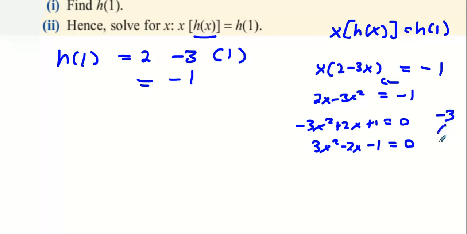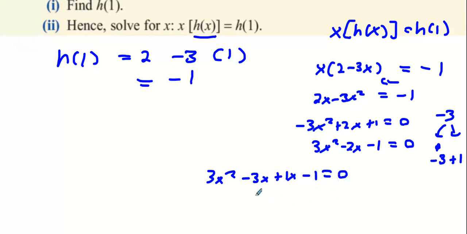Two numbers that multiply to give me minus 3 but add to give me minus 2. Minus 3 and plus 1. 3x squared minus 3x plus 1x minus 1 equals 0. Then what? 3x into x minus 1 plus 1 into x minus 1.